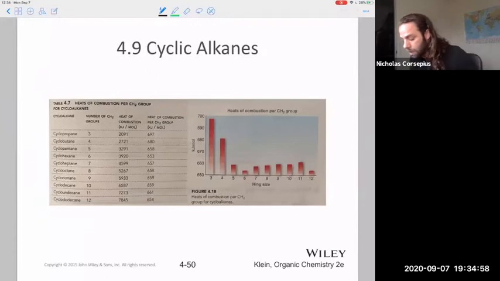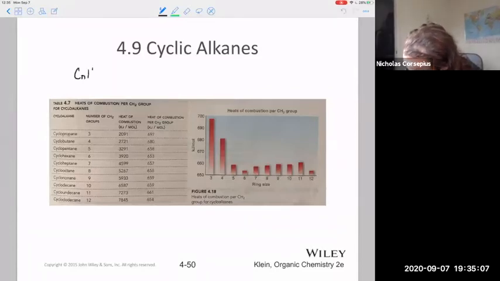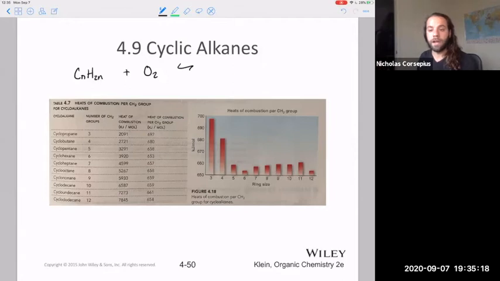So let's take a look here. First of all, let's look at what is called heat of combustion. So what does this mean? Well, cyclic alkanes will all follow this formula, CnH2n, right? This will react with oxygen. Cyclic alkanes are found in gasoline.